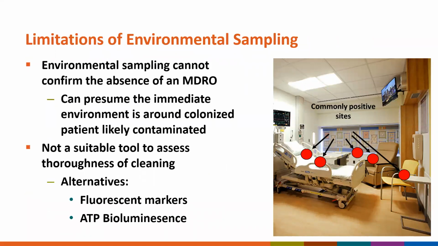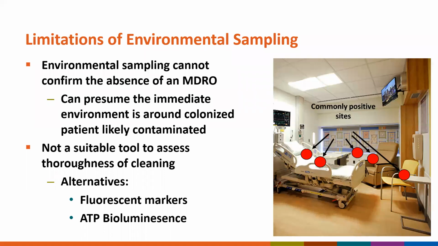And the reason that we emphasize the value of communicating with your local public health department before doing environmental sampling is because there are some important limitations. In particular, you can't use environmental sampling to confirm that an MDRO is absent. And what we really tell people is if you've got someone colonized, it's really presumptive that the environment is likely contaminated.